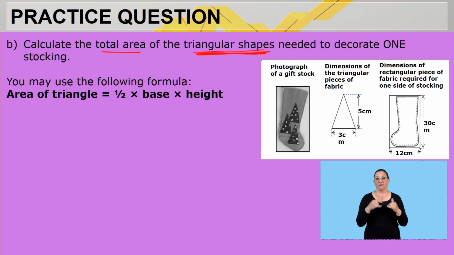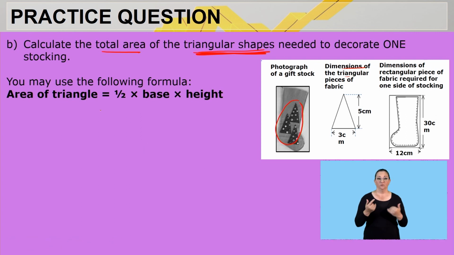The dimension of the triangle is given as well. But remember, we said he will put 3 triangles on one side. We know there's also another side of this stocking. We agree. So making it how many in total? I agree, 6. So please keep that in mind.